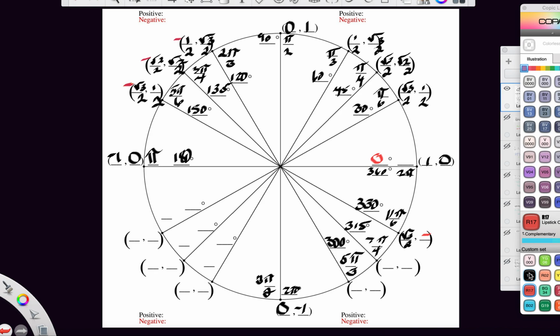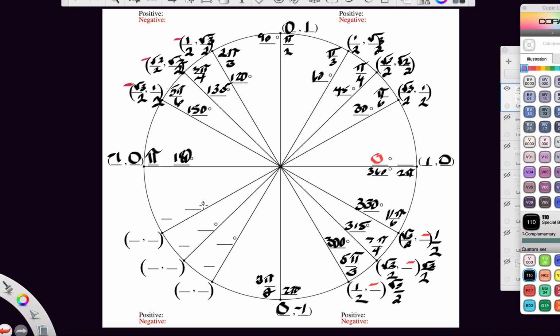Negative, negative, and negative. Now I'll start writing on the outside. 1/2, root 2 over 2, and root 3 over 2. Sorry about that 3. And fill in the rest.